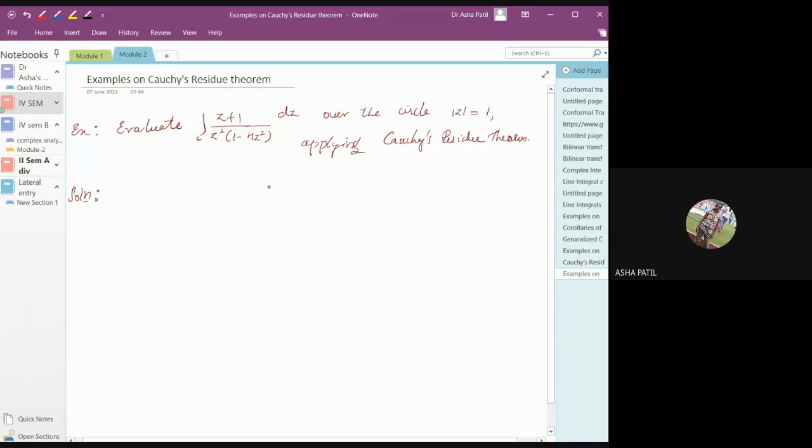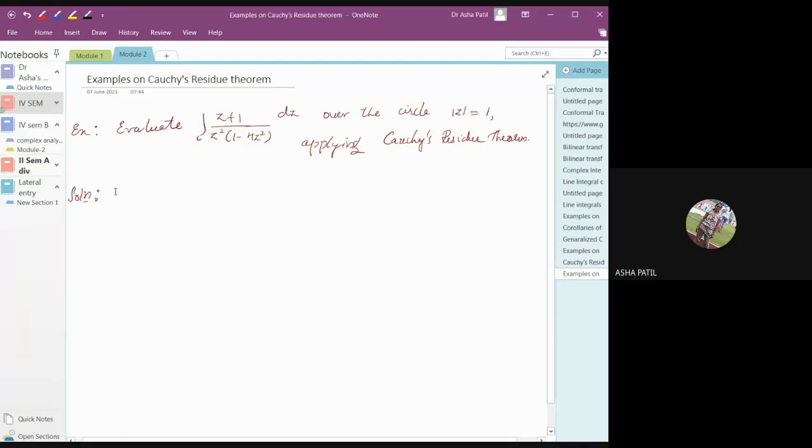Shall I solve it or have you solved it? Students, have you solved it? Yes, ma'am. No, you told me you didn't get others. Nobody has tried, I think. Let me solve it then.